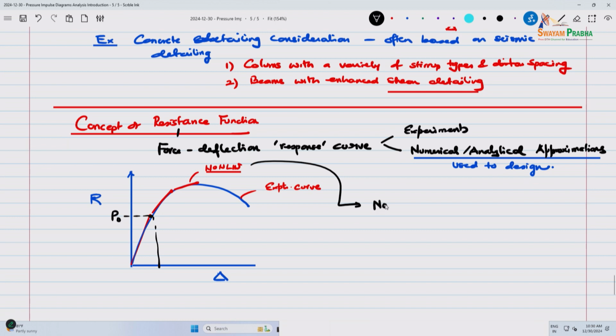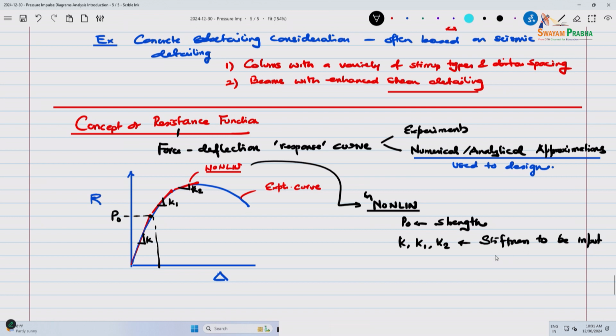In non-lin, P naught is the strength. We'll call it the strength, and we'll see how to calculate the strength with a variety of examples. And K, K1, K2, so this is your initial stiffness K, K1, K2, or just K and K1 alone, are the stiffnesses to be input.